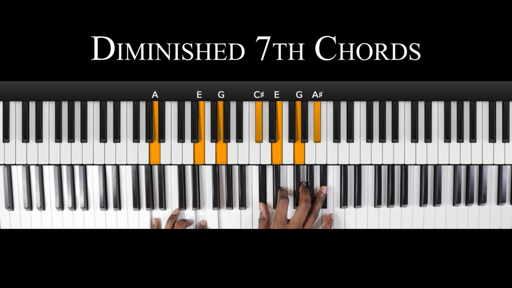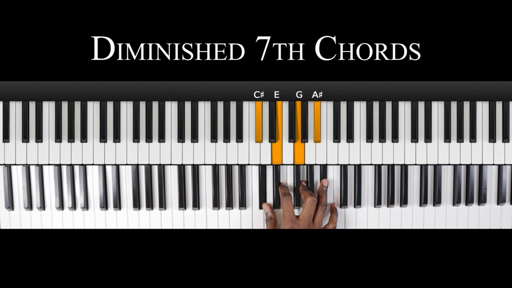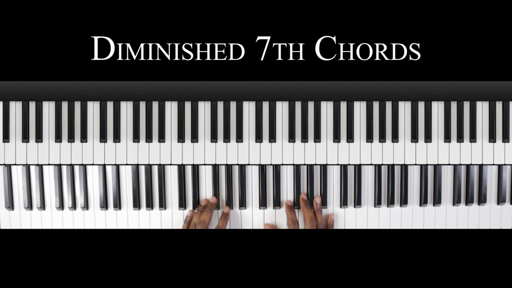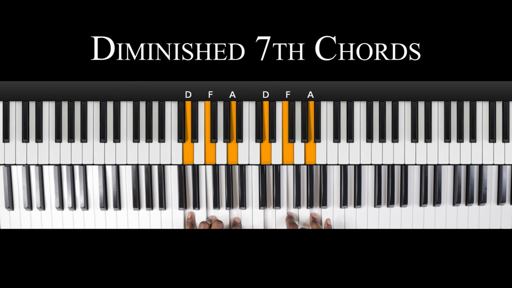See that? This B flat becomes the flat 9th. So in essence, that would be A dominant 7th flat 9th. But when you really look at it visually, you're seeing a C sharp diminished. So that's usually used to go to a minor chord.